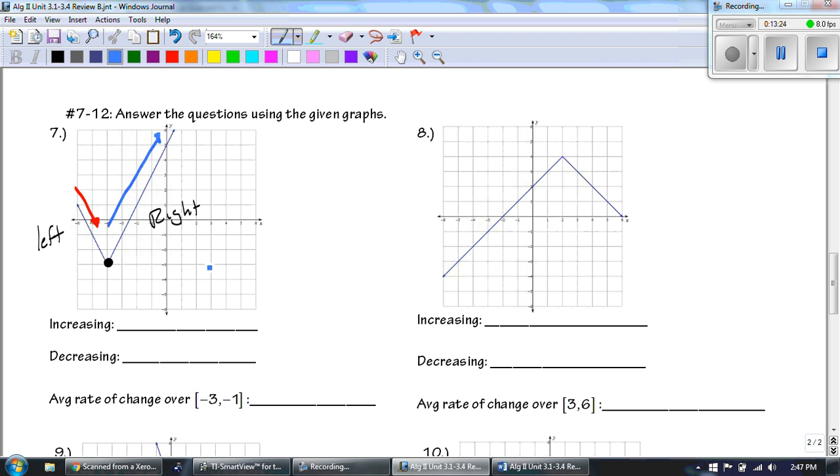So the side that is increasing, well, that would be from -4 because that's where that vertex is, all the way to positive infinity. And let's make that look a little bit nicer. Okay, so that means we are decreasing on the left side. So that means we are decreasing starting at negative infinity, and then we stop decreasing at -4.